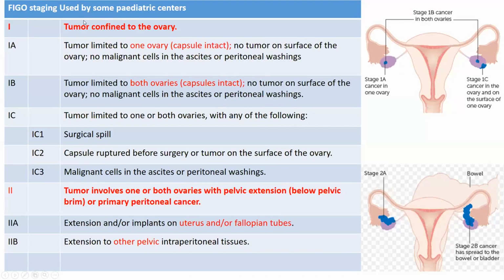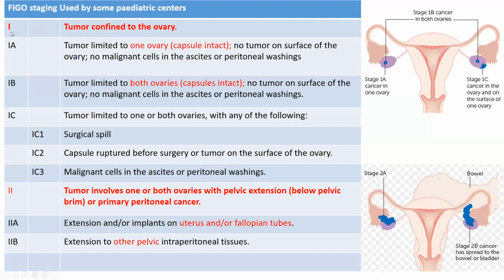Coming to the FIGO staging, generally it is used for adult germ cell tumor, but at some pediatric centers this FIGO staging is also being used. 4 stages have been defined.